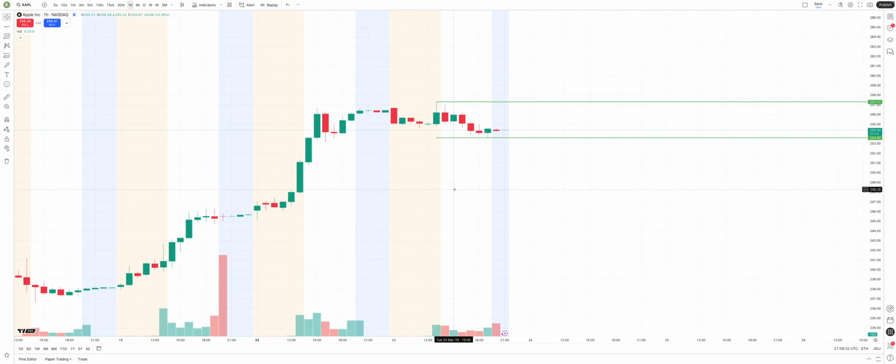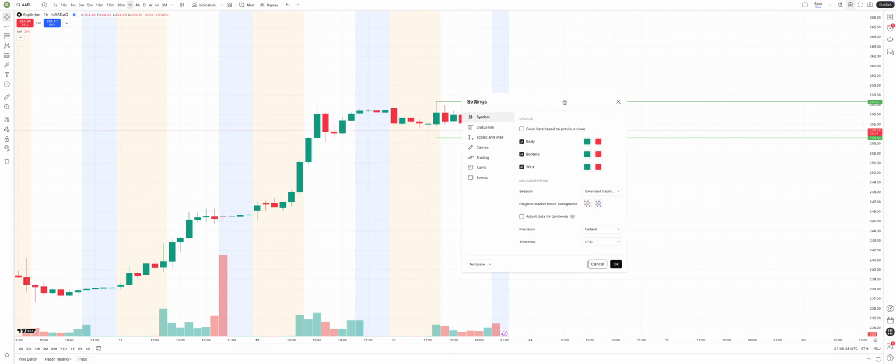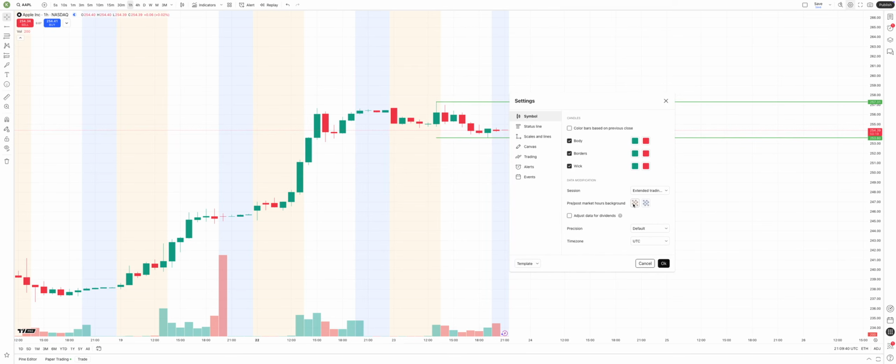And now what happens is my chart updates with a few backgrounds. So what do these backgrounds mean? The cream colored one shows pre-market in this example, and you can change the color. Let's say we wanted this to be purple. And then the other one represents post-market. So let's say we wanted this one to be yellow, right?